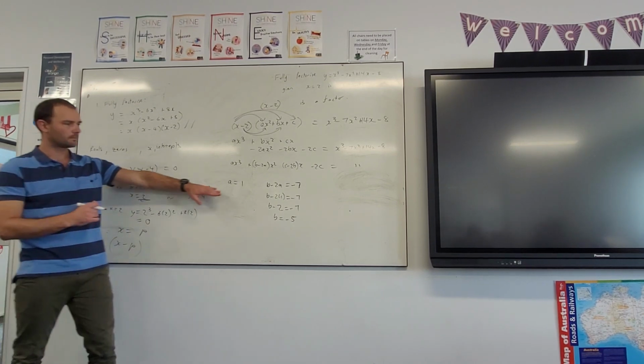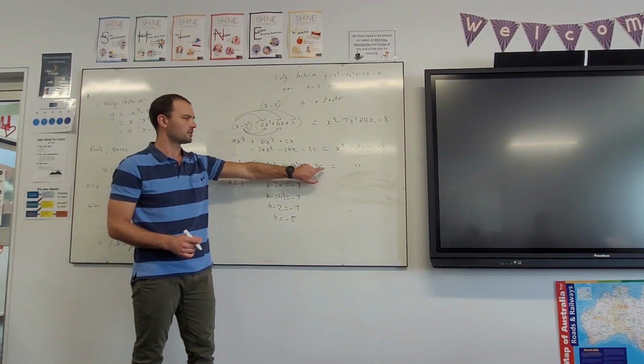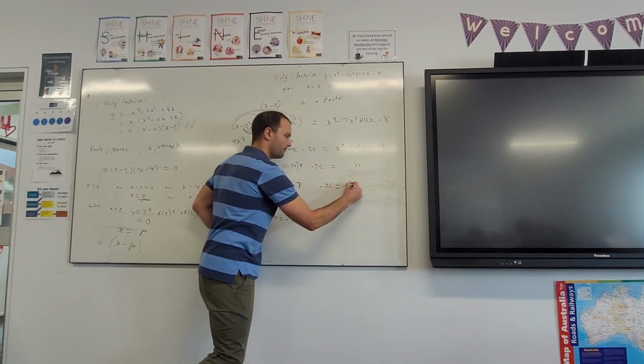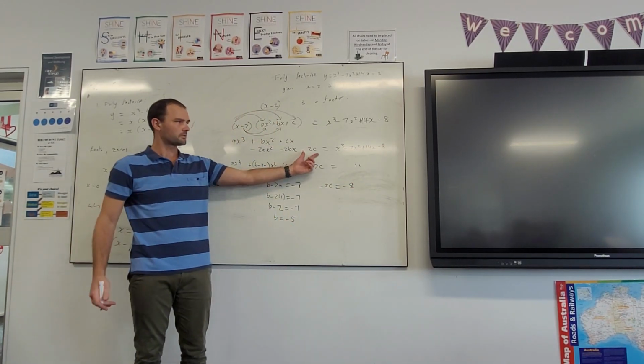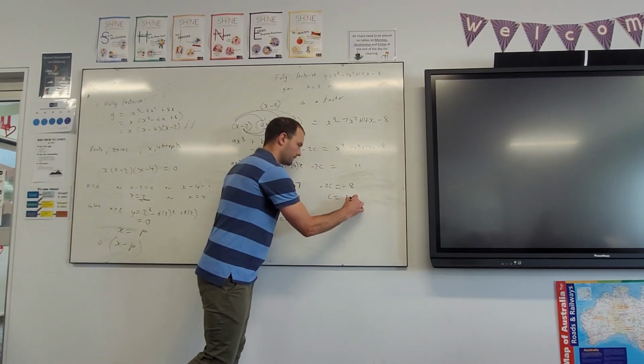All right, so you can keep going across if you want. You can use that one, but Noah's correct. It's much easier to just use the last one. We have minus 2c is equal to minus 8. All right, the constant term has to equal the constant term. And so here we'll get c is positive 4.